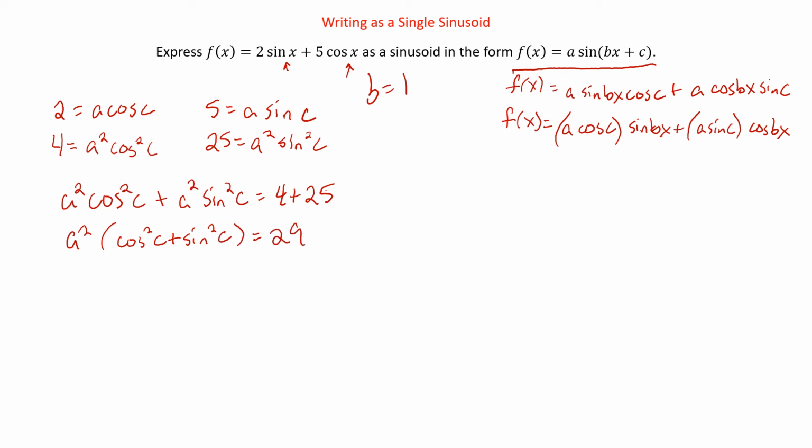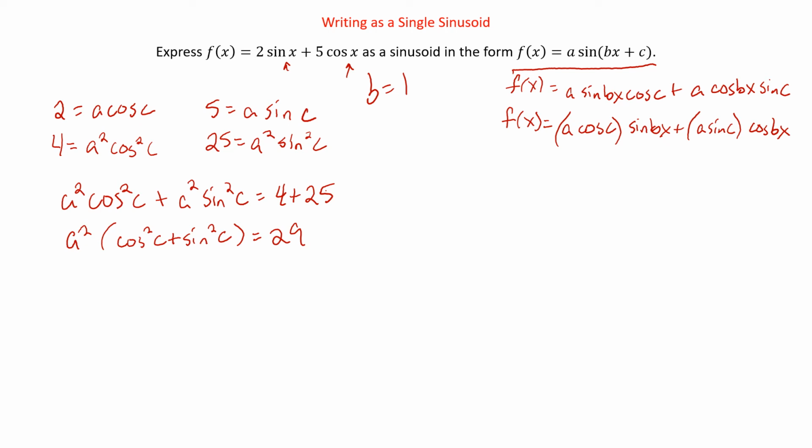equals 29. So we're left with a squared times cosine squared c plus sine squared c, which by the Pythagorean identity equals 1. So there's where that variable cancels. It takes an extra step. Now, chances are that kind of came as a bit of a surprise.